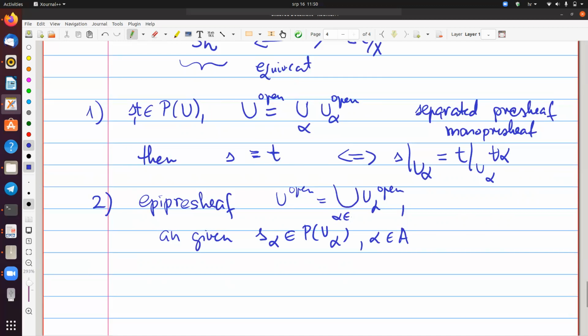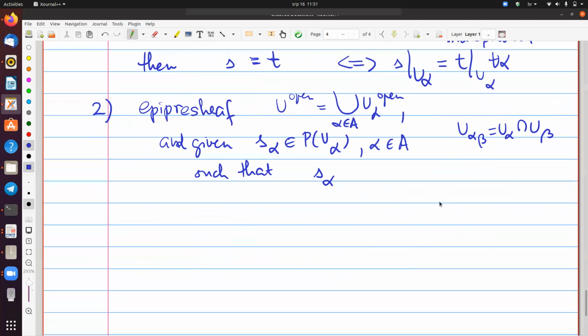Union alpha in A, I can say. And given this, such that you take S alpha, and you take U alpha beta, which is U alpha intersection U beta. I will say about generalization very soon. And then you look at P of U alpha beta.